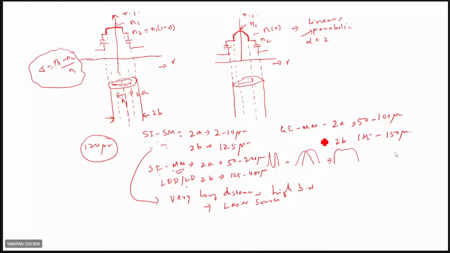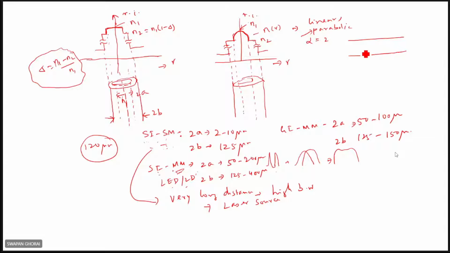And if you consider GI-MM fibers, here the bandwidth will be quite large compared to the SI-MM fibers. And in fact, the index is varying, to increase the bandwidth, right? And a certain profile is maintained. If you see how the rays are propagating, you can see it here.